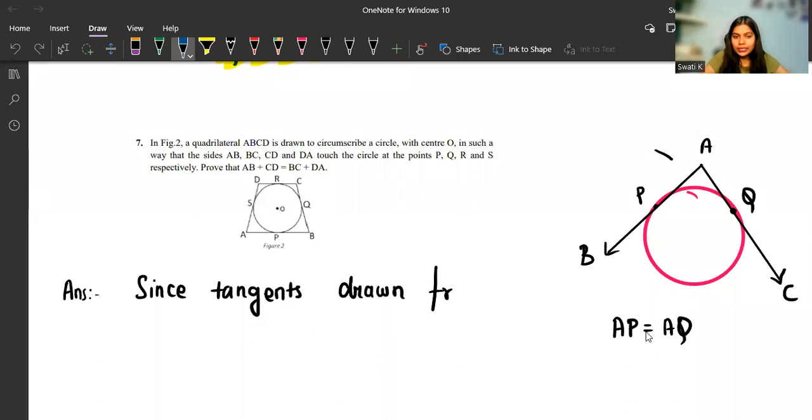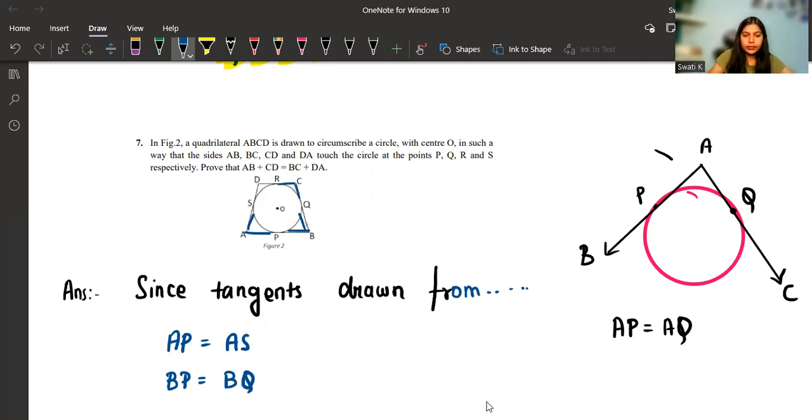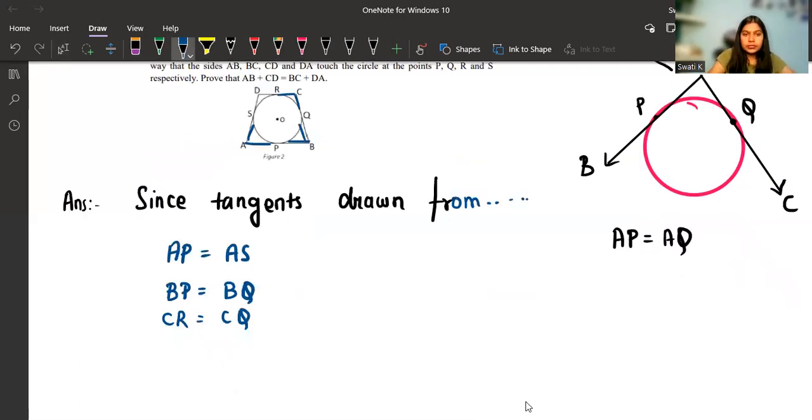Okay, so yes, since tangents drawn from an exterior point, and the reason I had already written, I'm just going to start with the equations. Can I not write down that AP equals AS? Yes. I can also write down BP equals BQ, the property of the tangent. Also CR equals CQ. And the last one, DR equals DS.